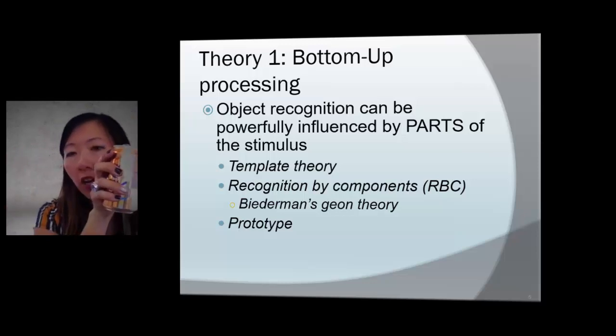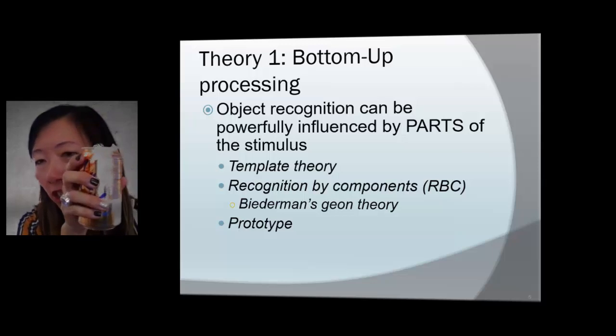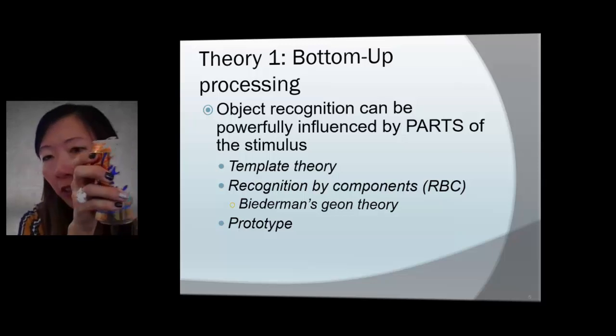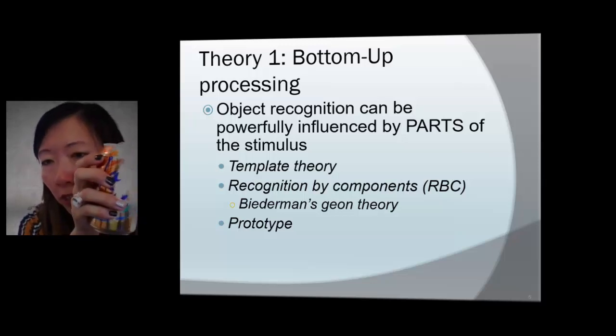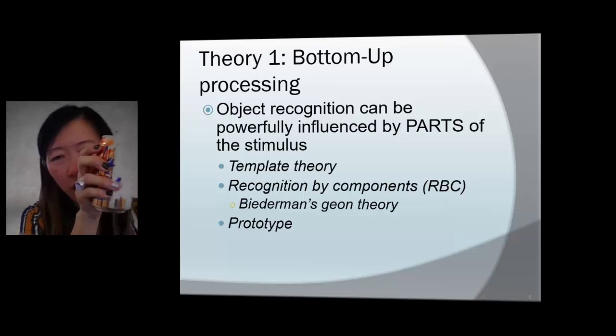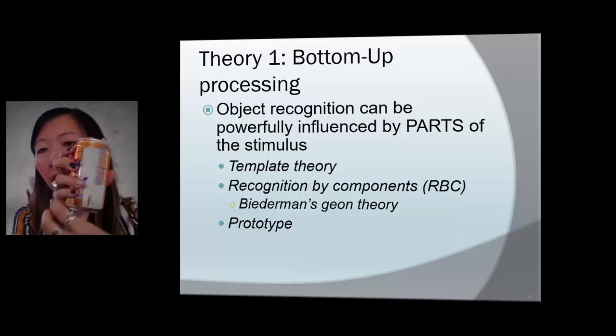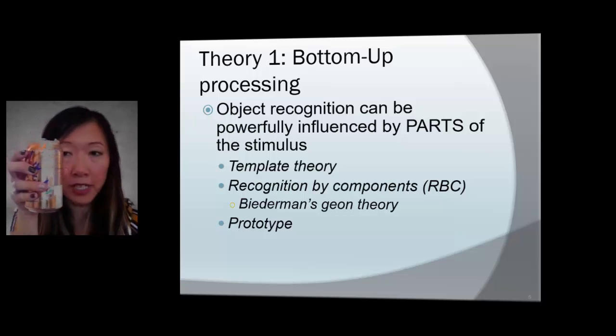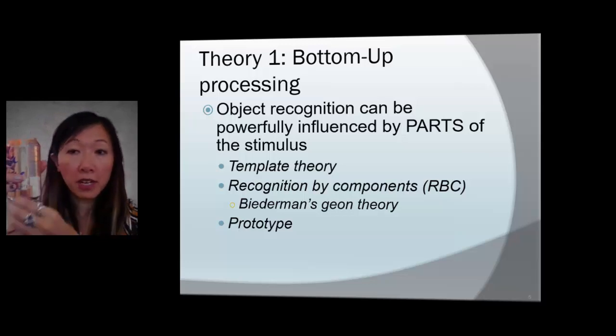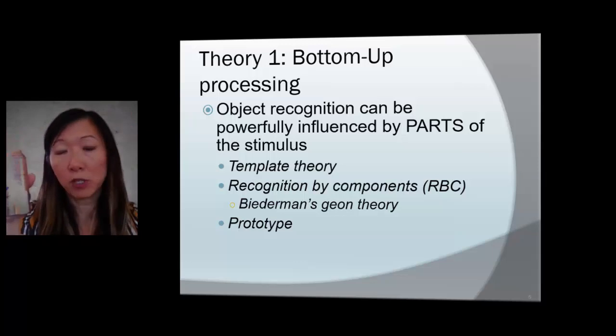It looks like it's aluminum maybe because it's shiny. Maybe it looks like there are blue pictures or blue lines on it. It has a shape. So you're looking at little pieces, little shapes of the information of this object, and then you're building it up to create an object that you recognize.